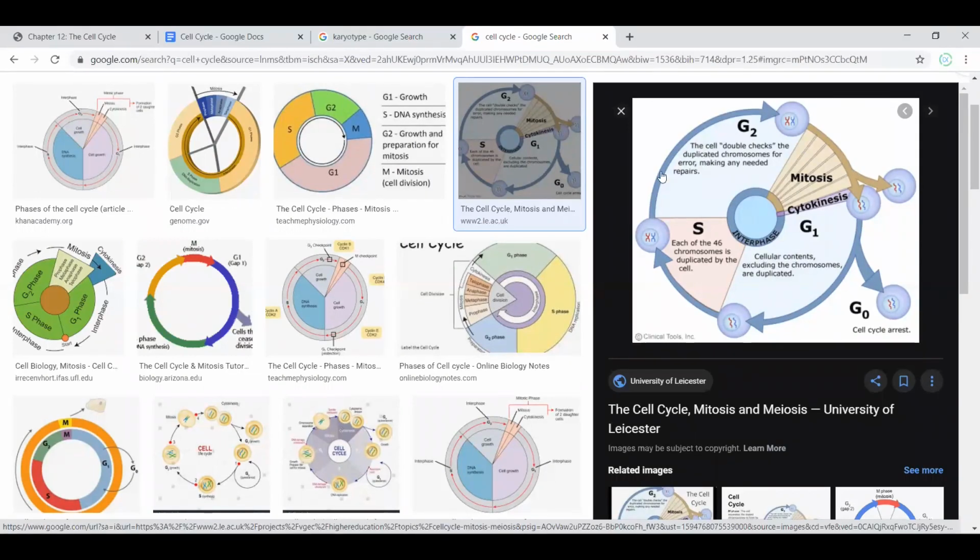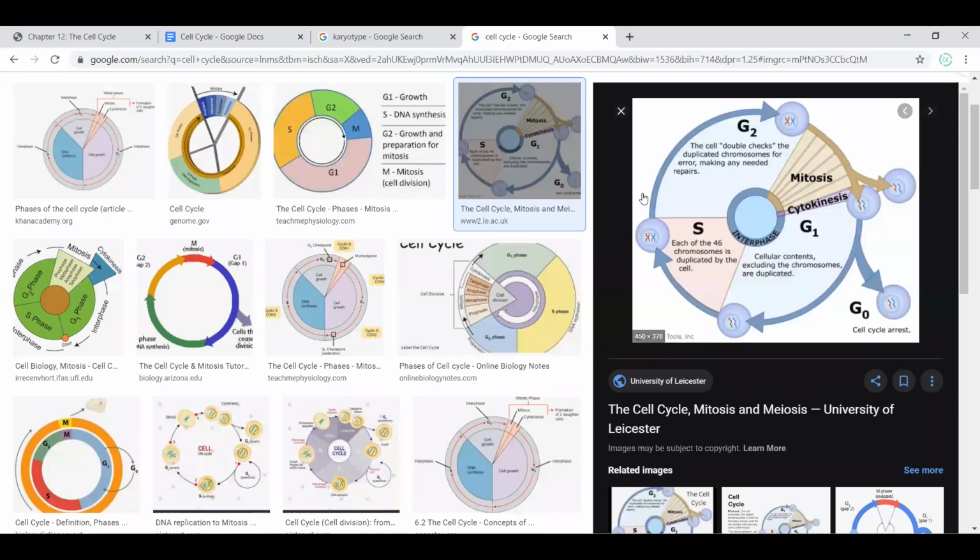Okay, so cells can go into the G0 phase and then come back out of it. For example, a lot of your cells will do this. Not muscle cells, but some of your bone cells will actually do this. They'll go into G0 and then later they will come out. So that's what the G0 phase is. Another thing, cancer.